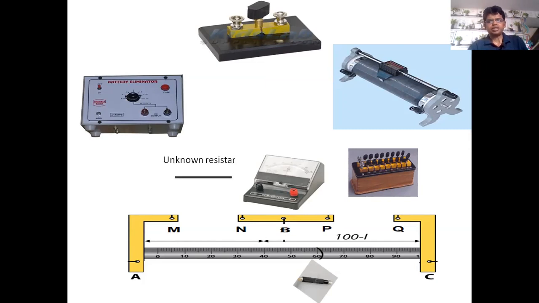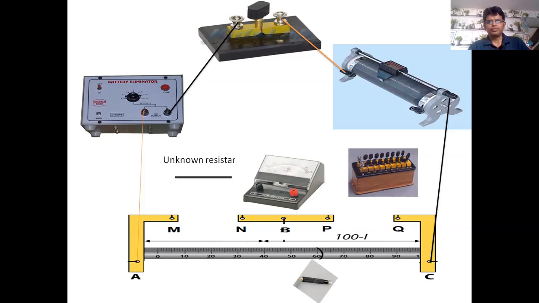Every time we start the connection from the battery positive. So here, battery positive goes to point A on the meter bridge. After C, connect to the upper side of the rheostat, and the lower terminal to the simple plug key, then to battery negative. It is a simple circuit diagram.